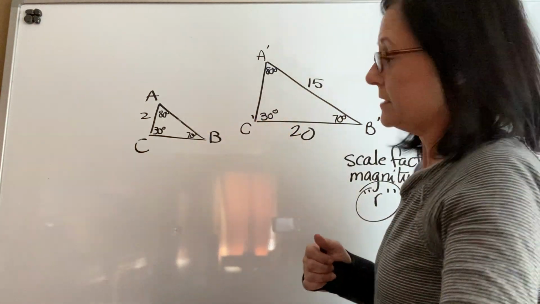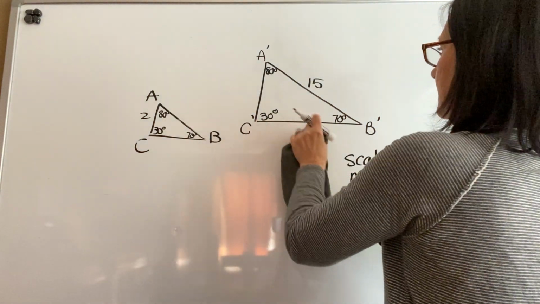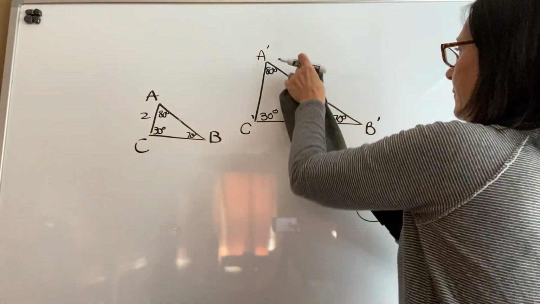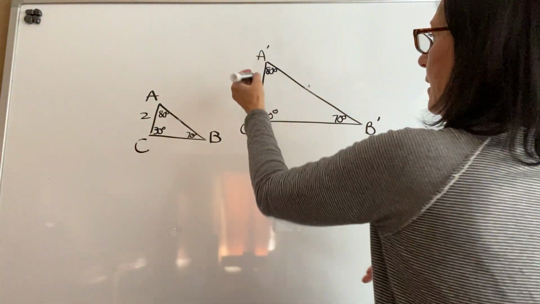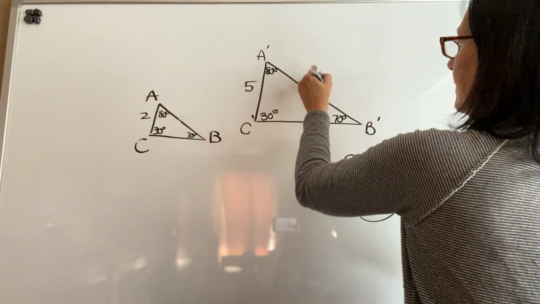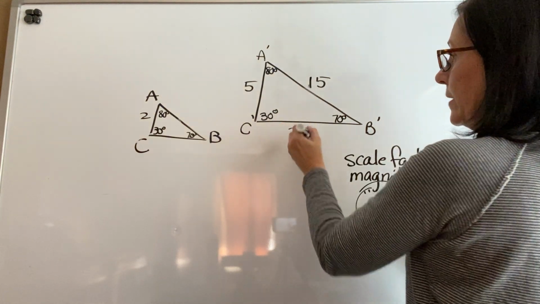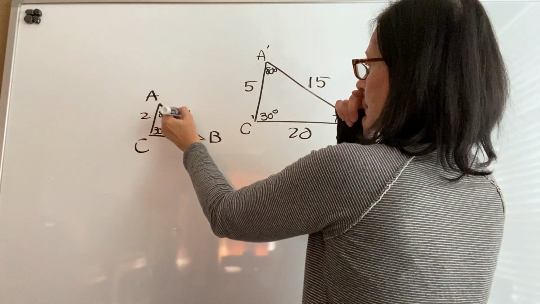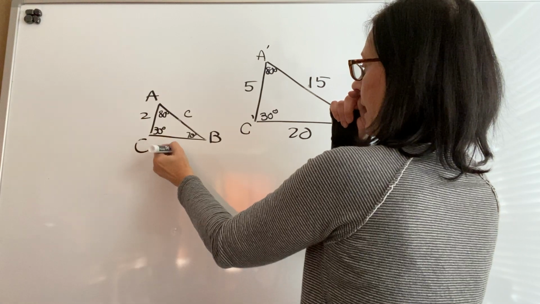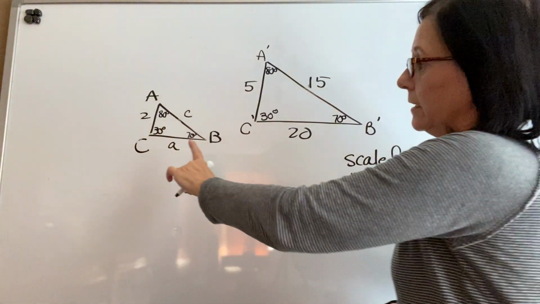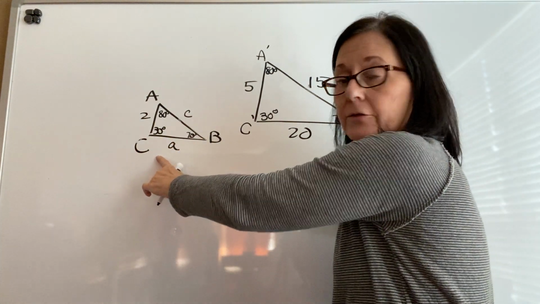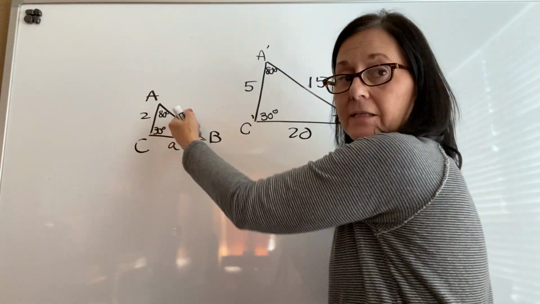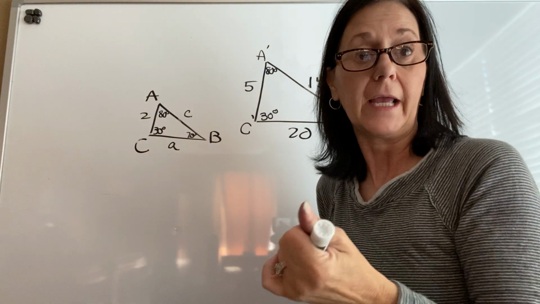Let's make this an even number. I guess it doesn't really matter. All right, 5, 15, 20. All right, and this is C and that is A. So notice that the angles are capital letters. The side opposite the angle is the lowercase letter.